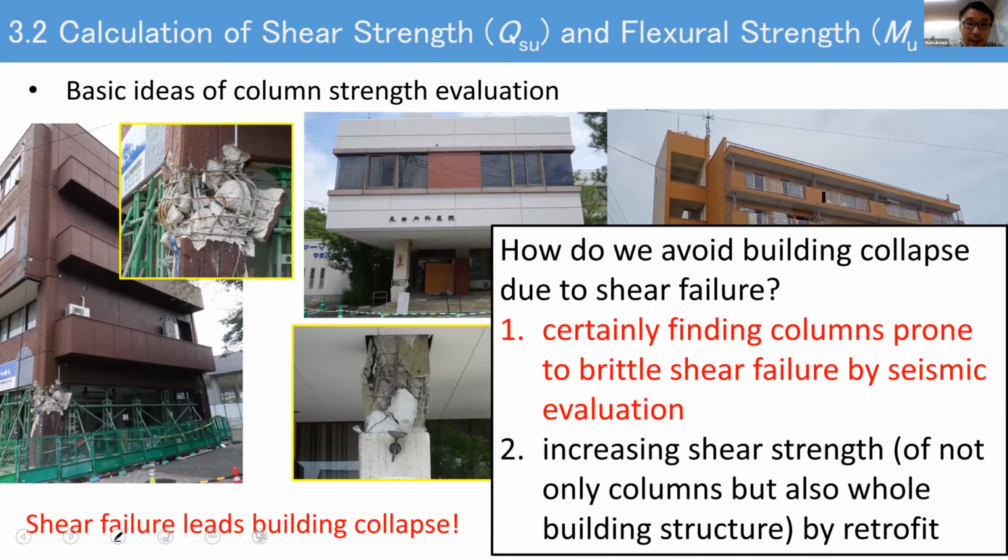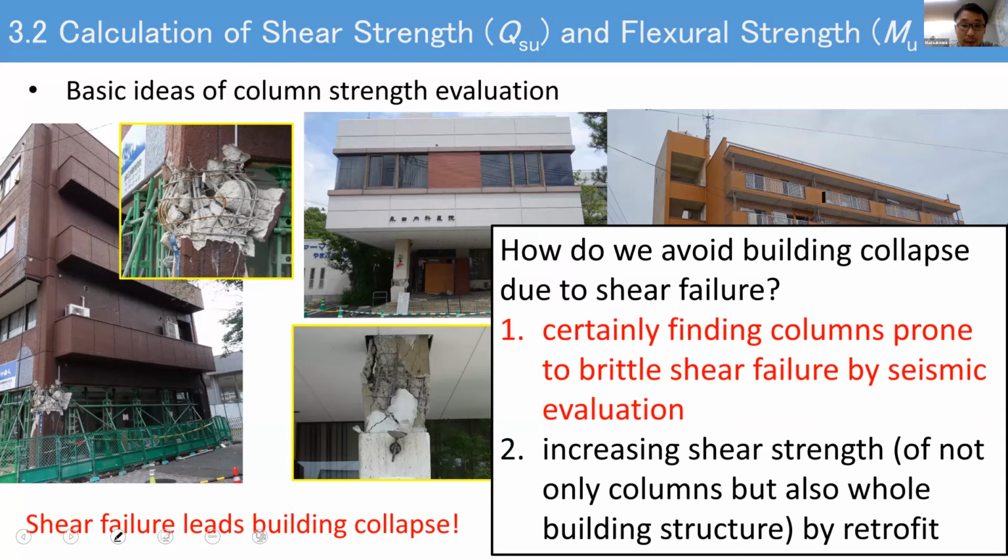Shear failure is very dangerous. These are pictures that were taken in the Kumamoto earthquake. There are some buildings collapsed due to shear failure. Shear failure possibly leads to building collapse because of very small drift capacity.